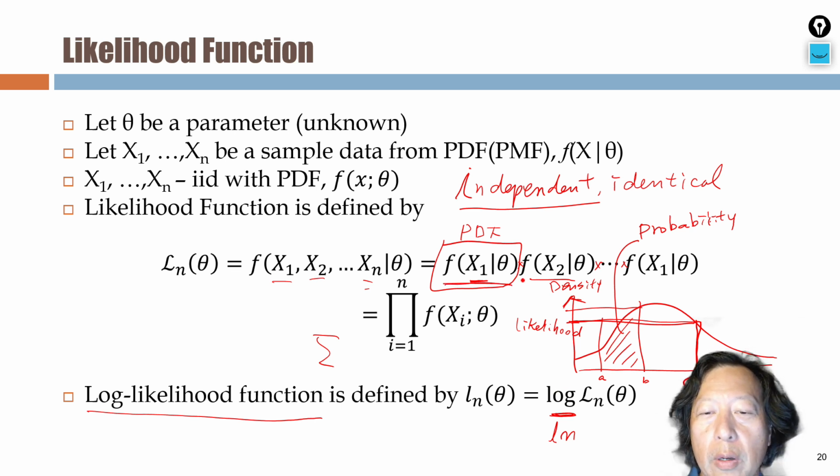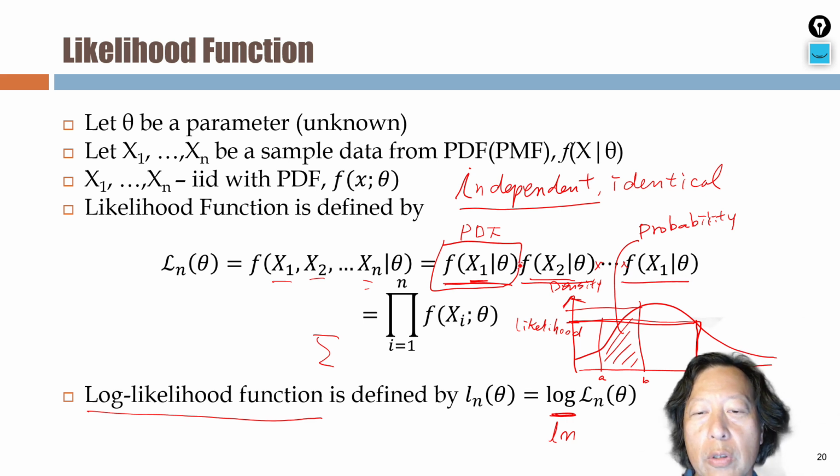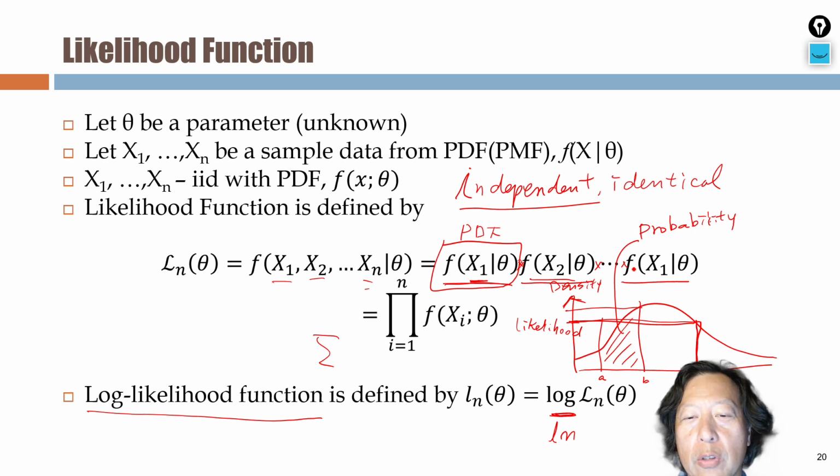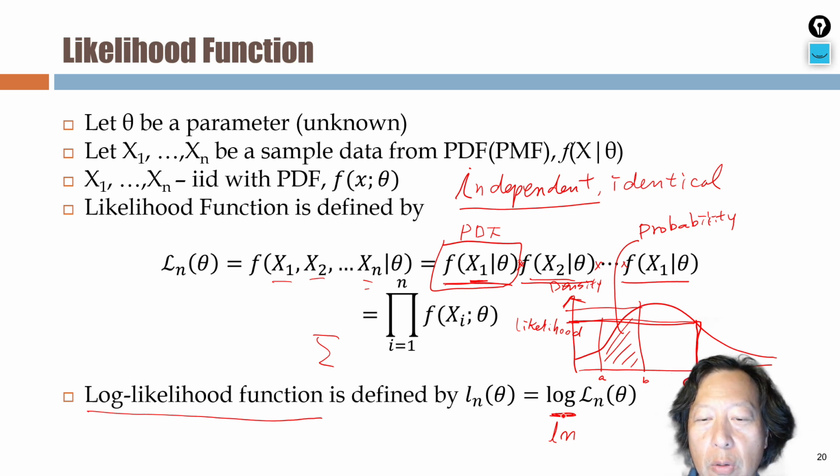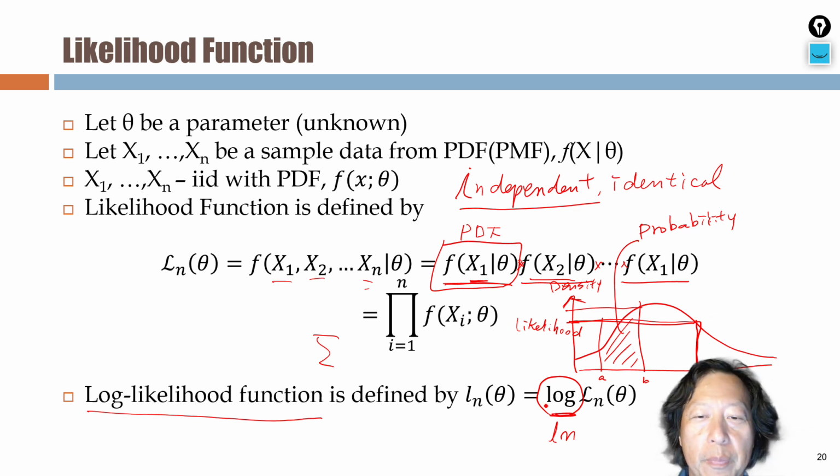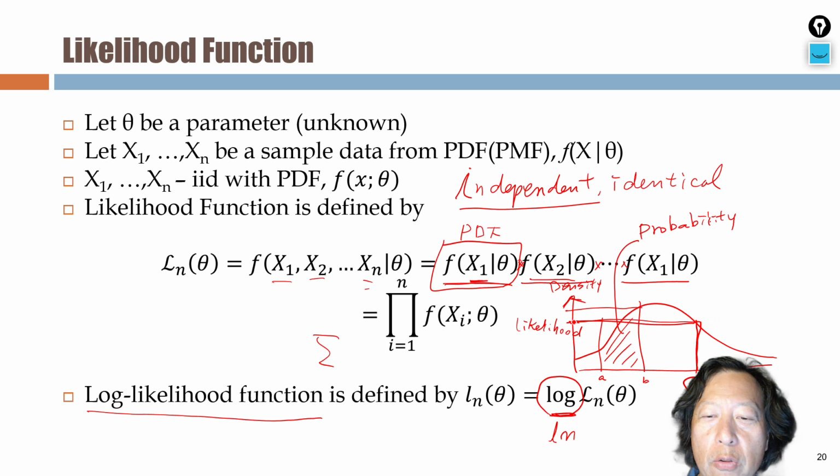Because the likelihood has a multiplication, we can separate out this multiplication into a summation by applying the log. That's why we will use a lot of log here. This is how we define the likelihood. We use the PDF function, and directly the y value is the likelihood.